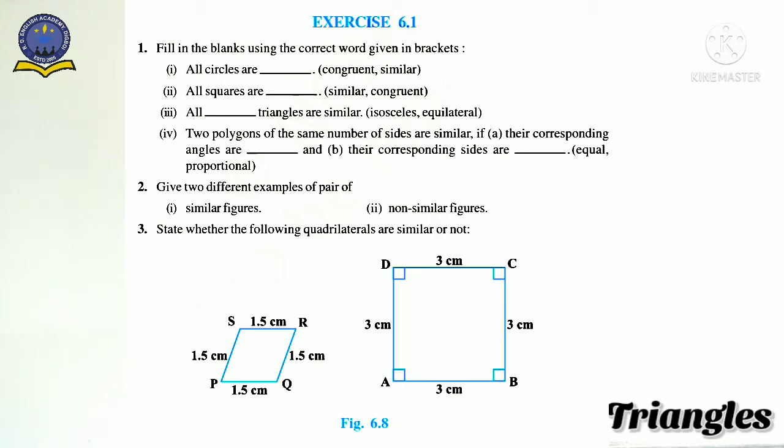And finally the last one, the property is: two polygons of the same number of sides are similar if their corresponding angles are equal and their corresponding sides are in proportion, or in the same ratio. Is it clear? So these are the first four fill in the blanks. Now the second one: give two different examples of pairs of similar figures.